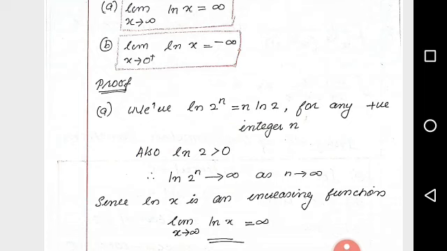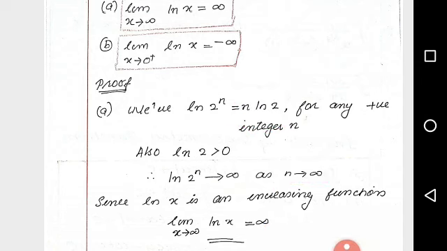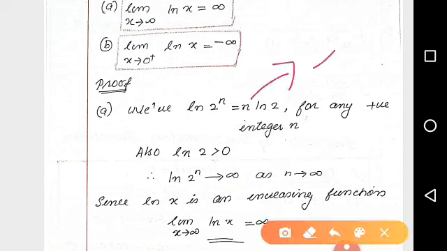So here we have n into a positive quantity. Whenever n converges to infinity, n ln 2 converges to infinity, and hence ln of 2 raised to n converges to infinity.